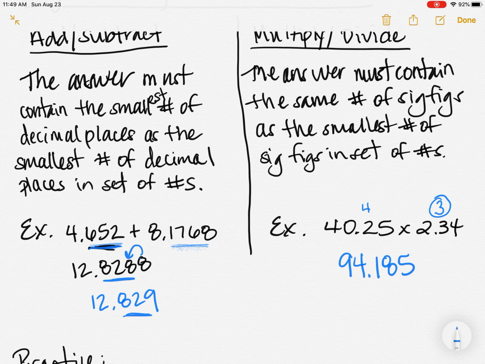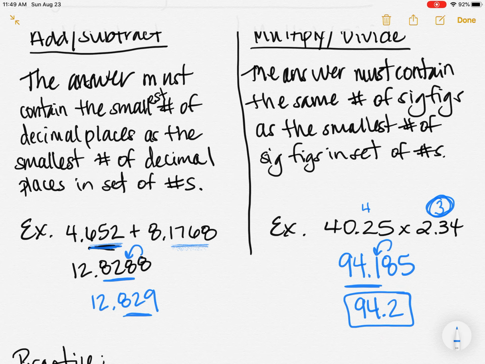Okay, so if that was in math class, you might be okay with leaving that as is, but not anymore in our class because we're always thinking about rounding correctly to sig figs. So in this case, I want to keep only 3 sig figs to match the smallest number. So that means I'm interested in keeping these 3. And then, of course, I just ask myself, does that 8 do anything to the 1? And the answer is yes. So I would report the answer to that problem as 94.2.